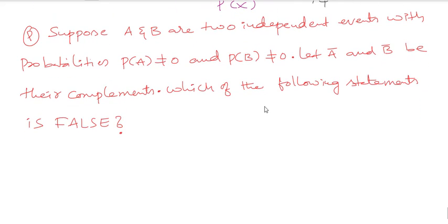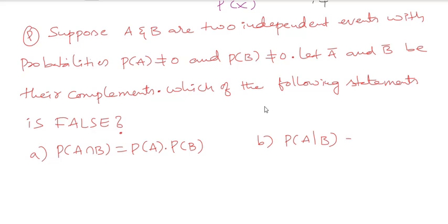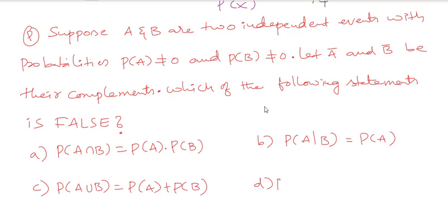That is the question. Given A and B are independent events. Option A, probability of A intersection B is equivalent to probability of A into probability of B. Option B, probability of A given B is equivalent to probability of A. Option C, probability of A union B is equivalent to probability of A plus probability of B. And option D, probability of A bar intersection B bar is equivalent to probability of A bar into probability of B bar.